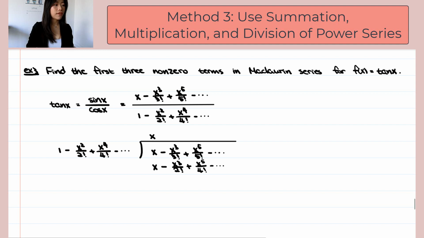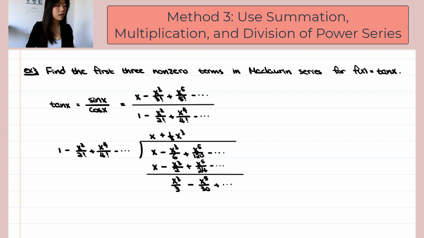I can also rewrite the factorials in numbers. 3 factorial equals to 6, and 5 factorial equals to 120. 2 factorial equals to 2, and 4 factorial equals to 24. Then I subtract the 2 equations. I get x cubed divided by 3, then minus x to the power of 5 divided by 30. So my second term would be plus 1 over 3 times x cubed.